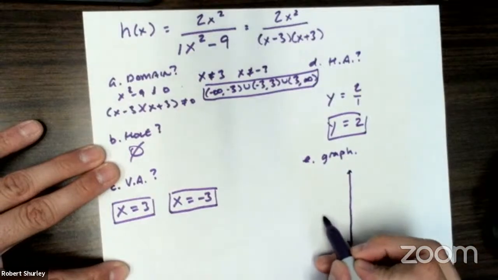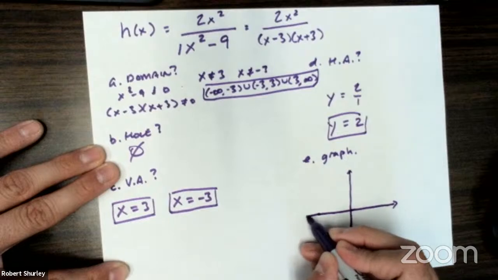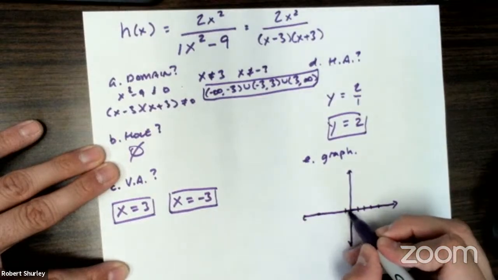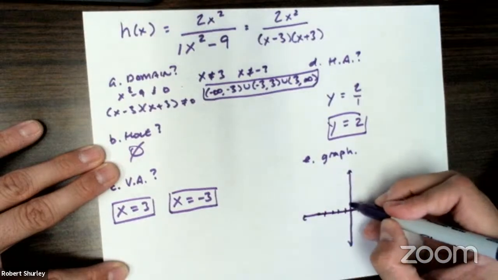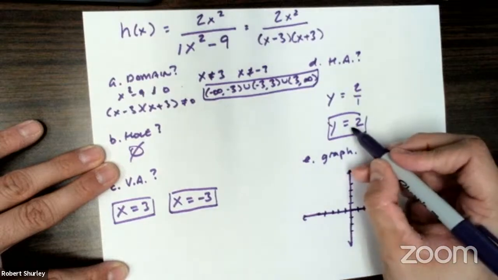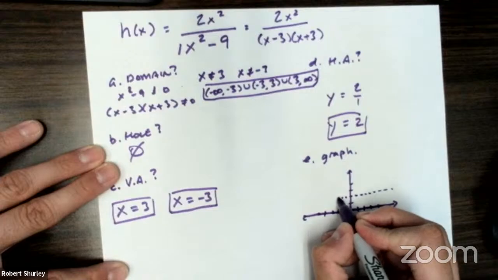I'm going to put down on paper what we know already, and then I'm going to pop it in my calculator. Oh my gosh, this marker is definitely more stout than the other one. The horizontal asymptote at 2 looks like this. Vertical asymptotes look like this.